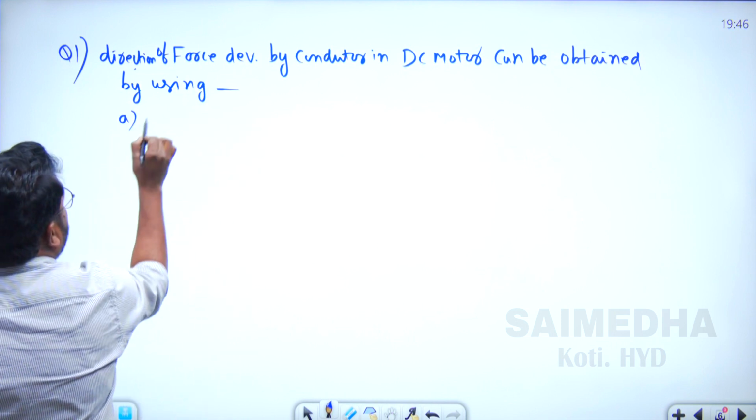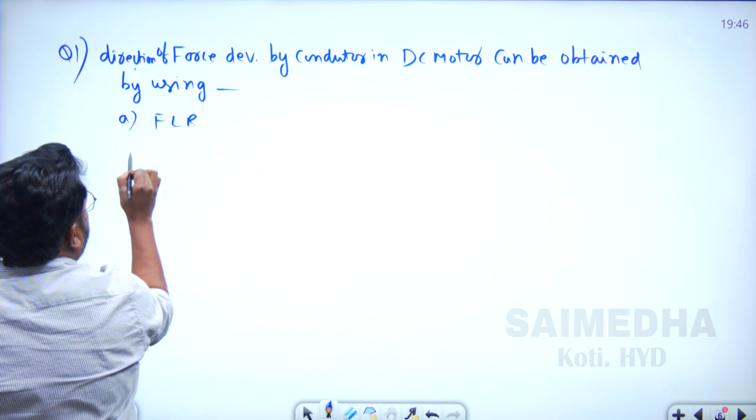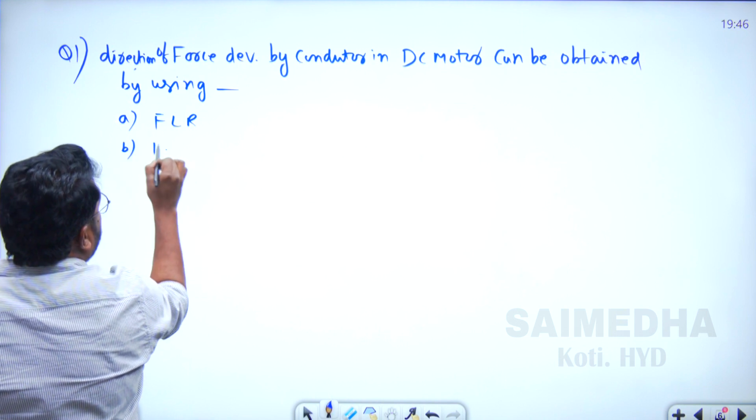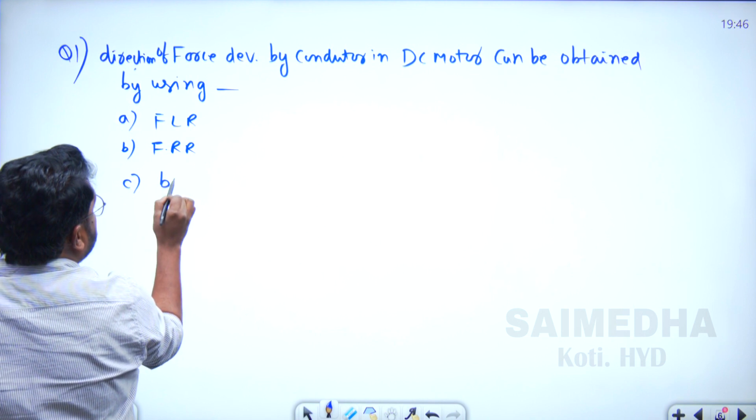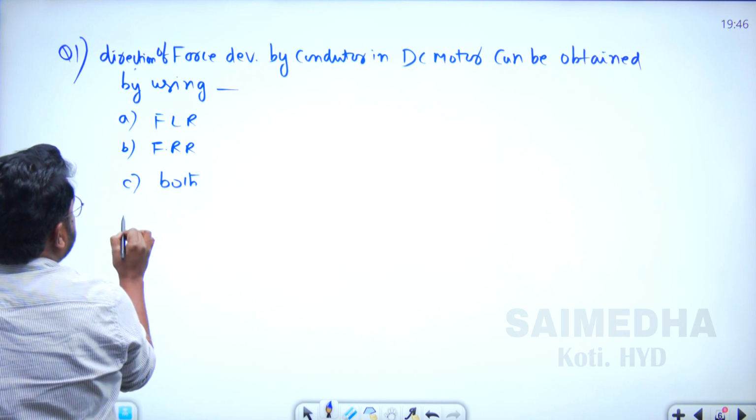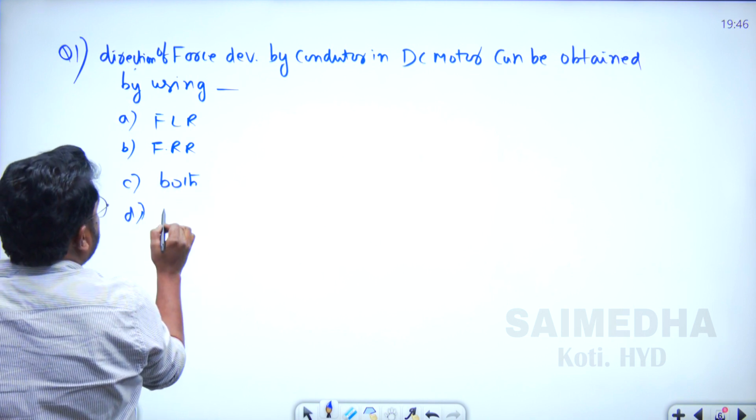Options are given: option A, the FLR; option B, FRR; option C, both; and option D, none.